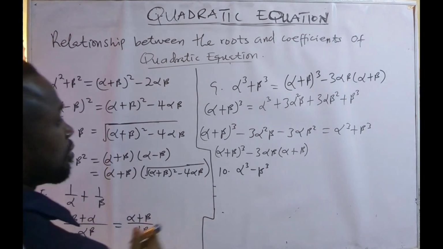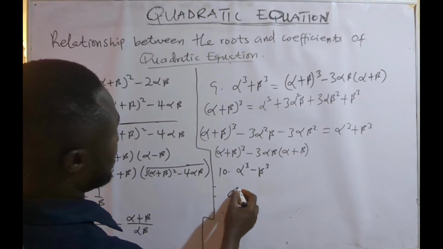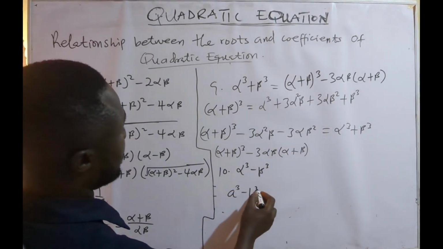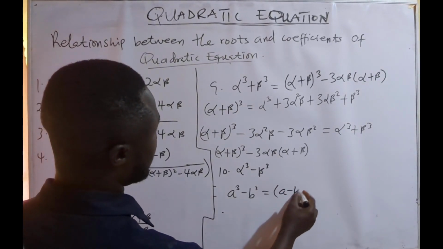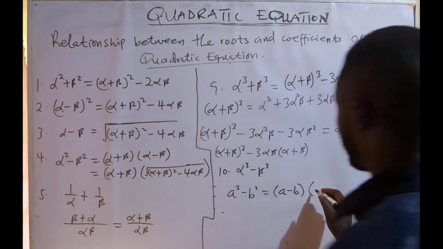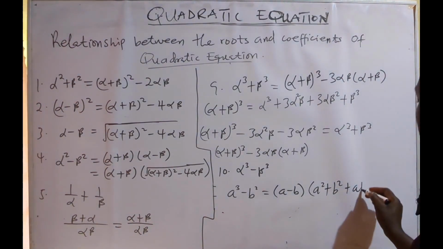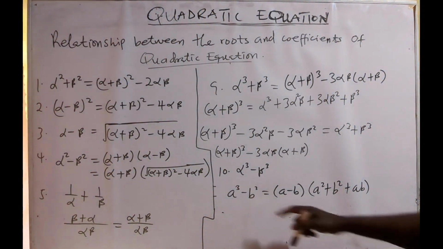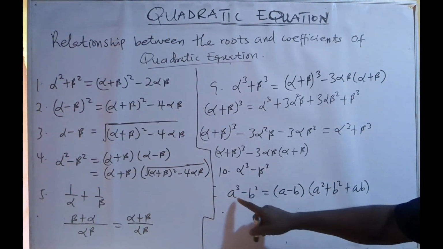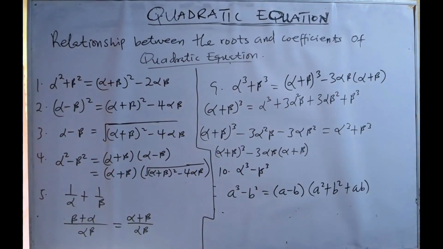Okay, so what we should note is that if you have an expansion of, let's say, a cube minus b cube, we know that a cube minus b cube is the same as a minus b, and then a square plus b square plus ab. This is the difference of cubes, a cube minus b cube. This is how it is going to be.